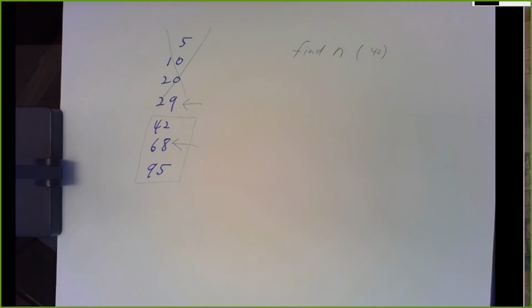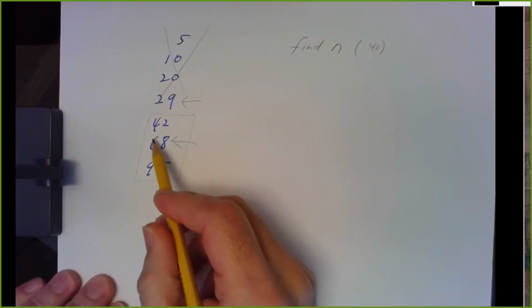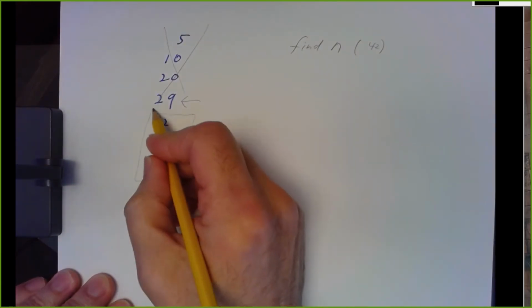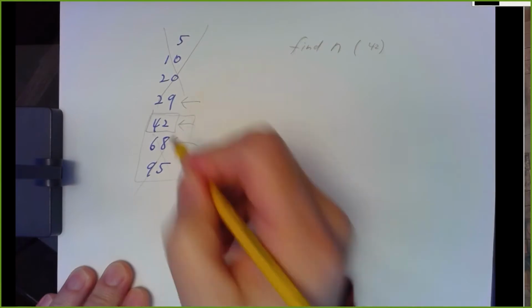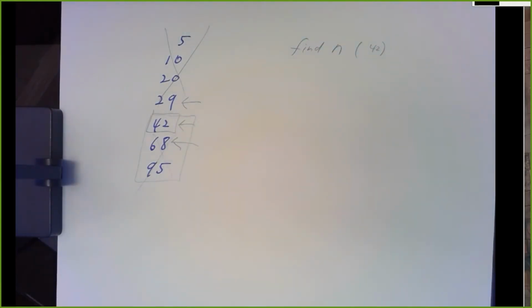All right, 68 is bigger than our 42, so I'm going to throw away this stuff and I'm going to work with this sublist. And we're going to start in the middle of that, which is, you know, the only node, 42. Hey, there's the 42, we found it.